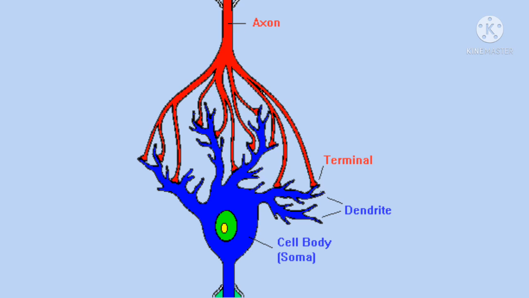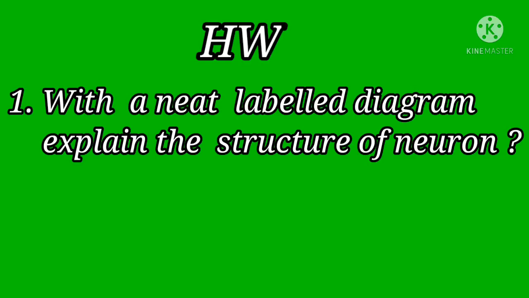When the information is passing from one neuron to another neuron through these junctions, it releases chemicals known as neurotransmitters. Neurotransmitter is a chemical, for example acetylcholine. Clear? I hope you all understood.